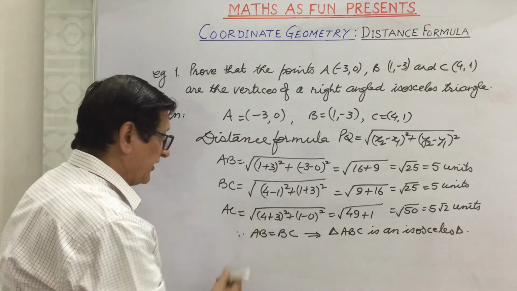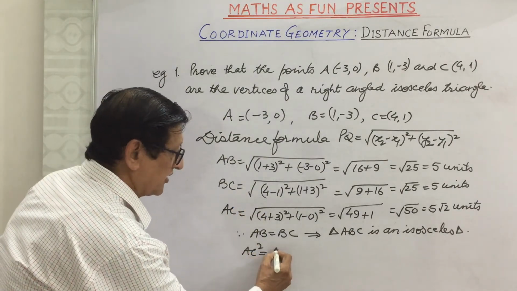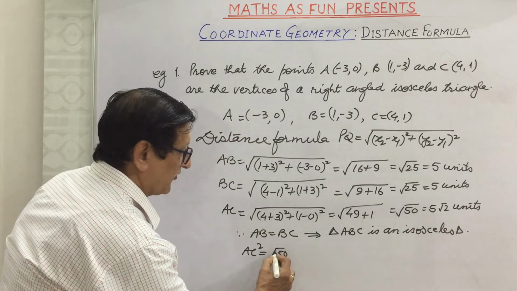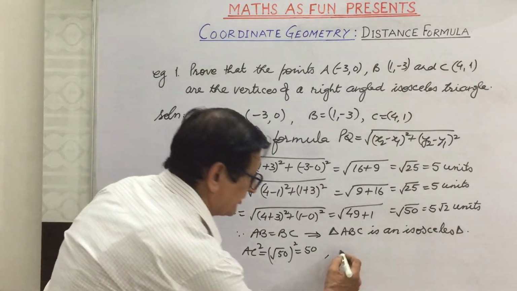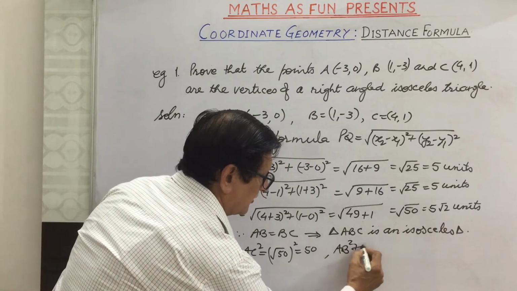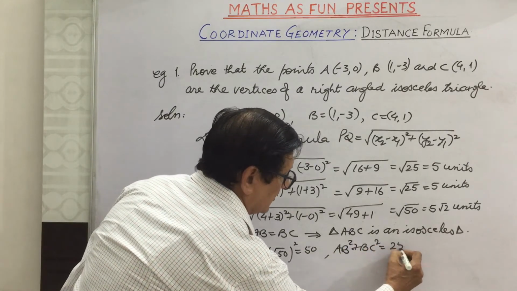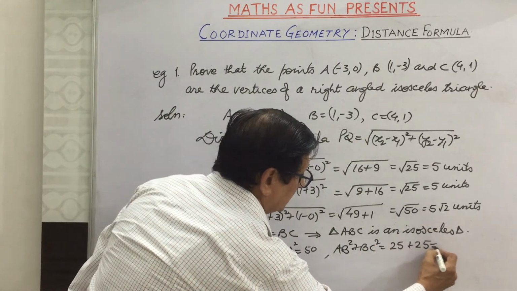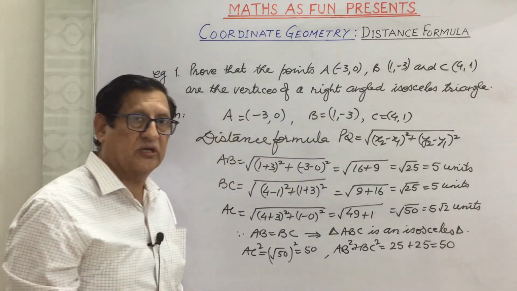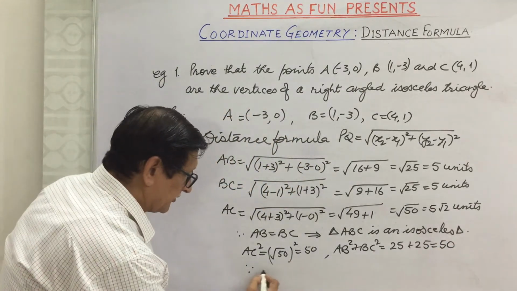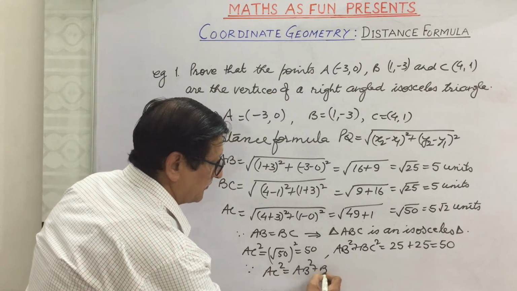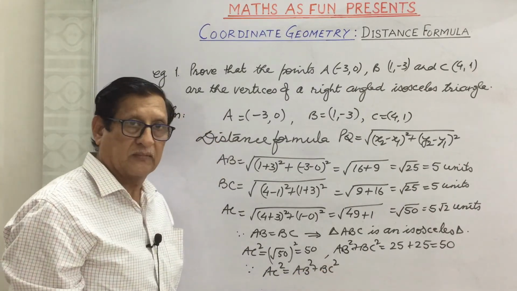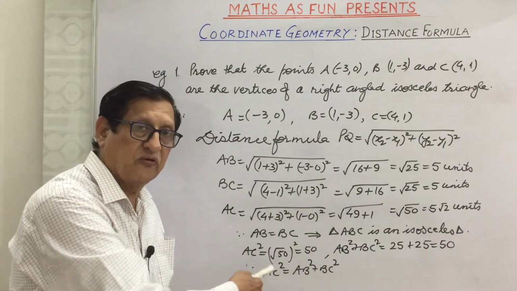Now also we are finding here AC square is root of 50 square, that is 50. And we find here AB square plus BC square is 25 plus 25, which is equal to 50. So we find that AC square is equal to AB square plus BC square. So Pythagoras theorem is being followed.